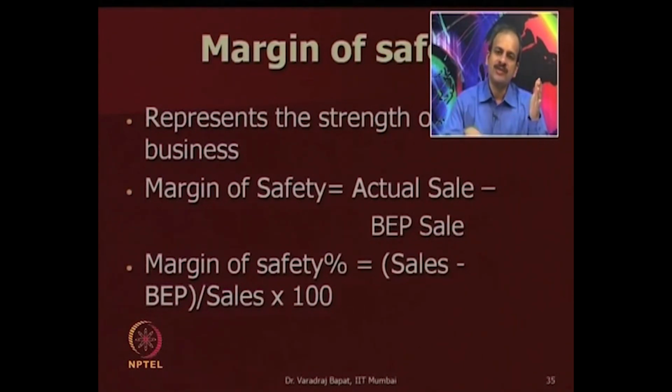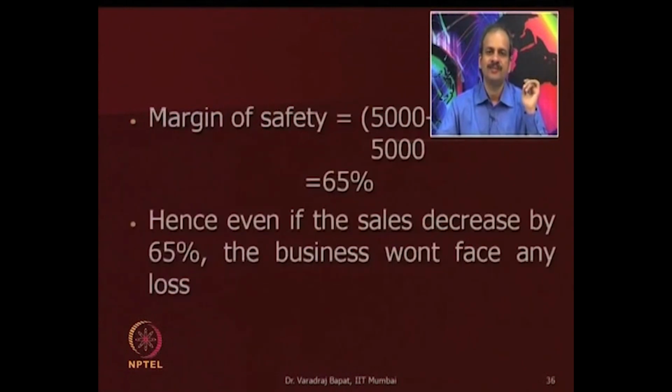So margin of safety enables the unit or the department to know that due to recession or due to lower sales, in case their sales start falling down, how much it can fall before they land up in losses. Now in our case, you know that 5,000 was the estimated sale volume. 5,000 minus 1750 is the margin of safety.